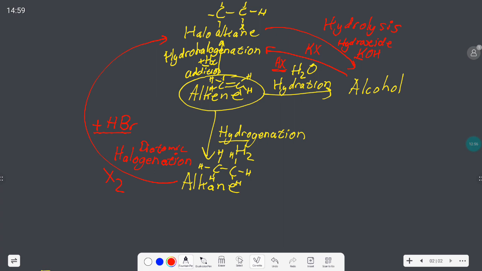Now we're going to get to the fun types of reactions. We are going to get to the elimination reactions. Let's use a new color for this. If it is called hydrohalogenation from an alkene to a haloalkane, what will it be called if it goes back?